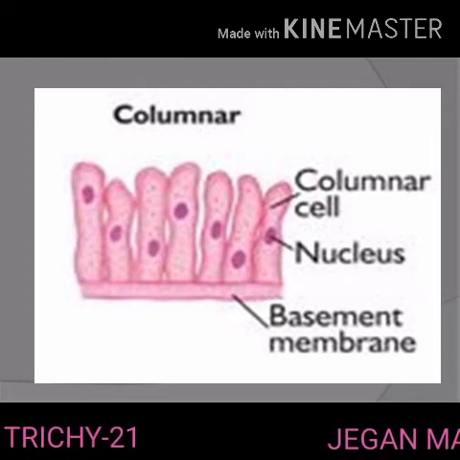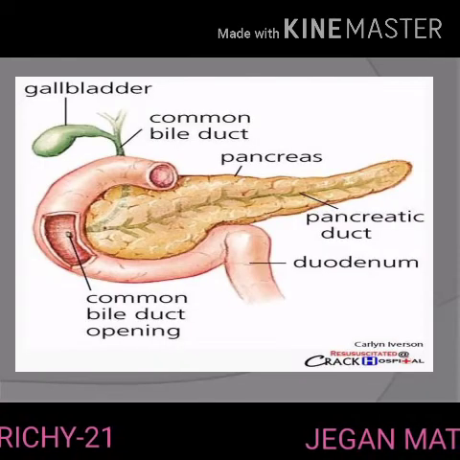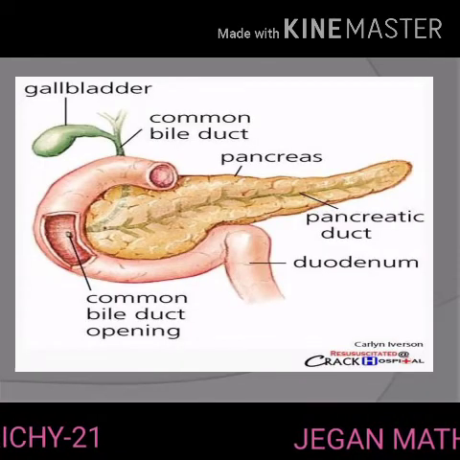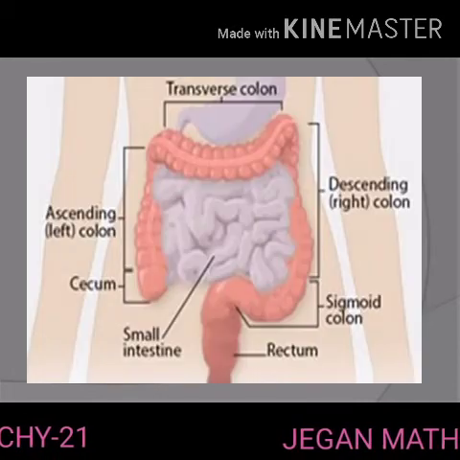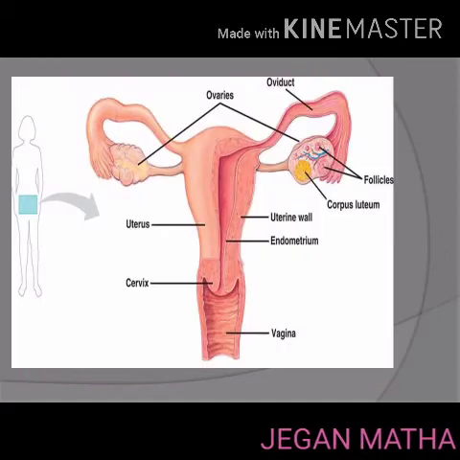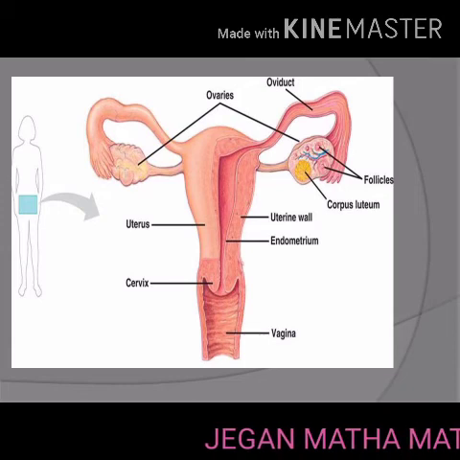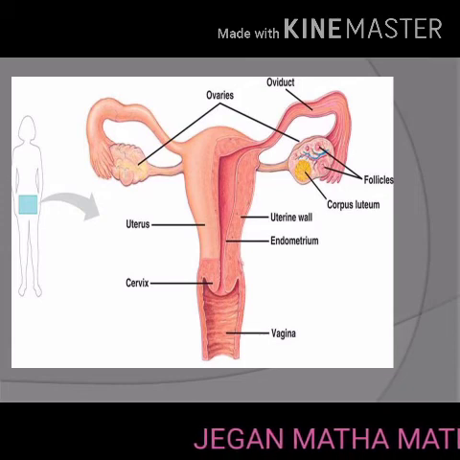It is found lining the stomach, gallbladder, bile duct, small intestine, colon, oviduct, and also forms the mucous membrane. They are mainly involved in secretion and absorption.